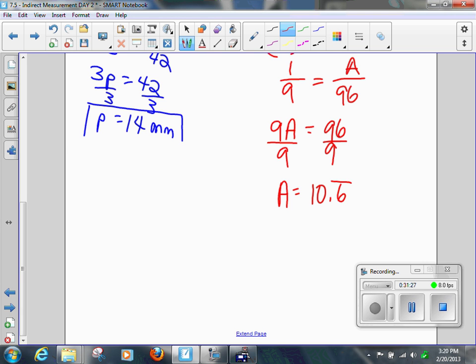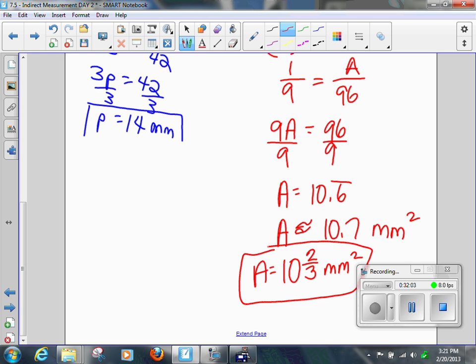It's 2/3, y'all. You're supposed to know this. If you would have put 10.7 millimeters squared, I would have said that's fine. You ought to know that 0.6 repeating is 2/3, so the area is 10 2/3 millimeters squared.